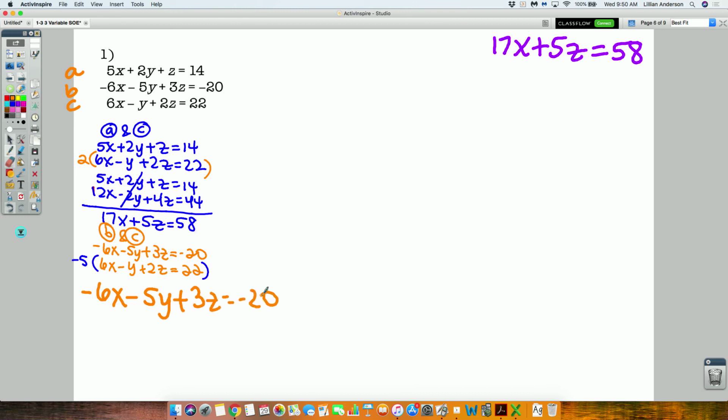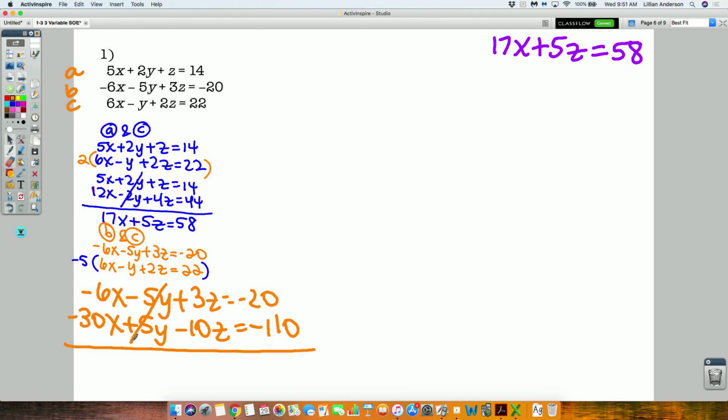What's negative 5 times 6x? Negative 5 times negative y. Negative 5 times 2z. And then negative 5 times 22. Negative, right? Don't lose that sign. So now my y's will cancel.